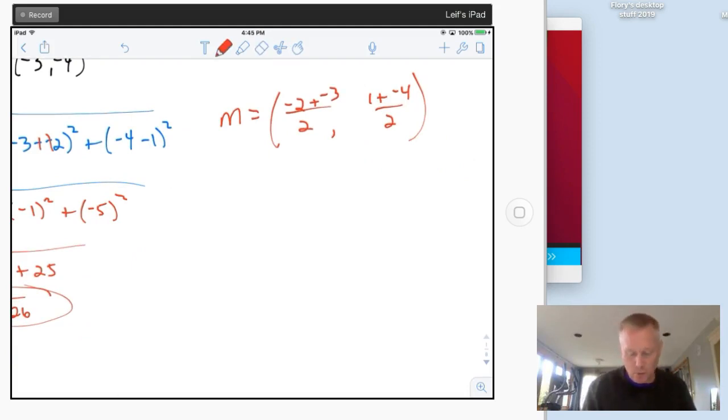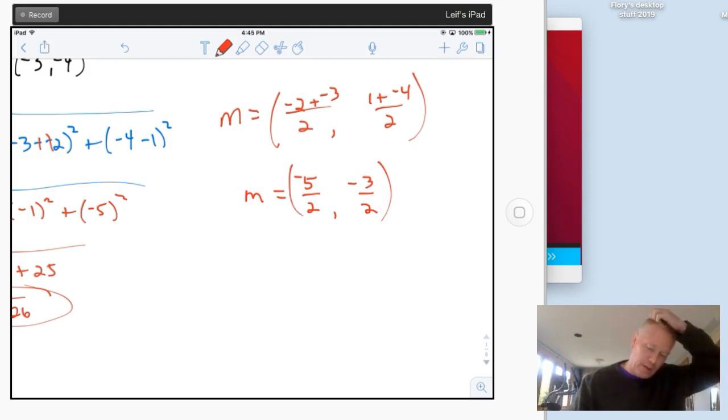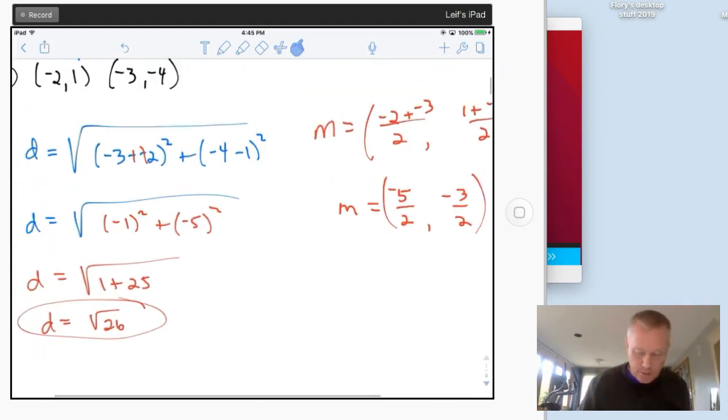And then these will end up being coordinates. So that's -5/2, and that's -3/2. And that would be the midpoint. Okay, I'm just going to leave it like that. If you like decimals, use decimals, that's fine.